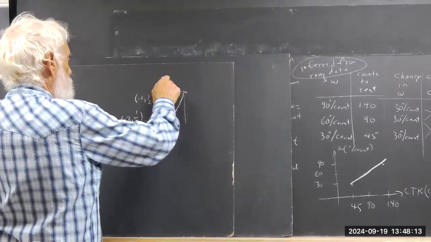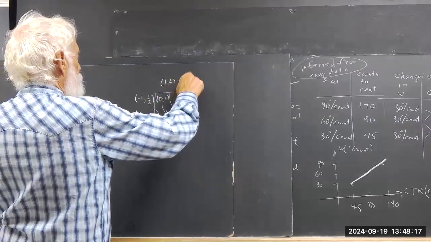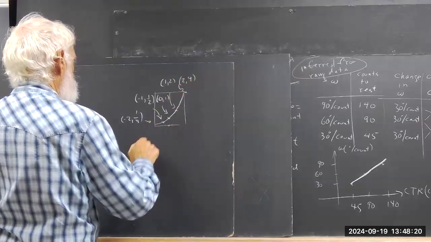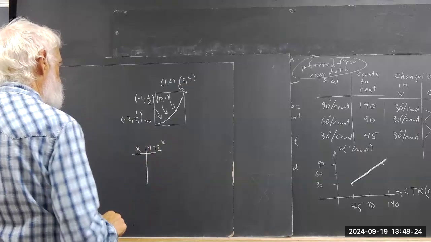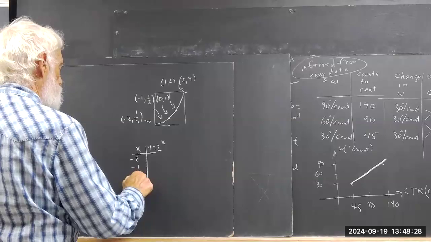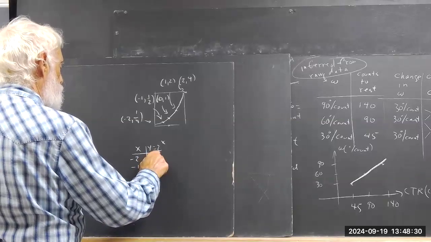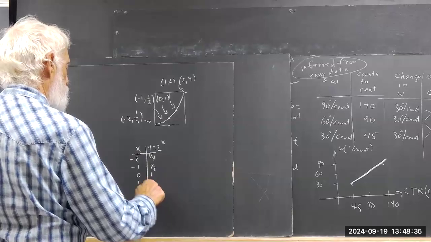We have 0, 1; 1, 2; 2, 4. So we make a table: x, y equals 2 to the x; -2, -1, 0, 1, 2, and 1/4, 1/2, 1, 2, 4.